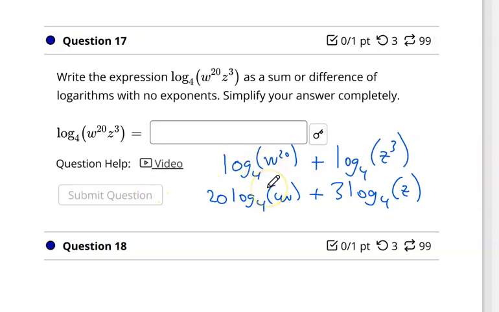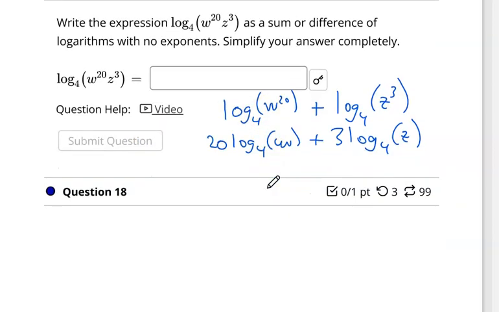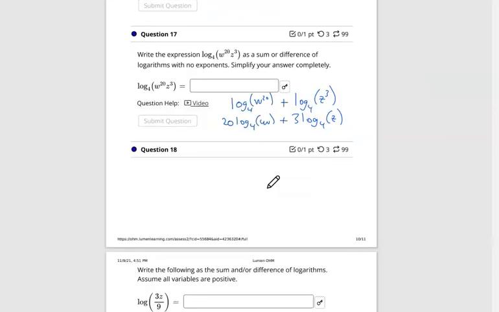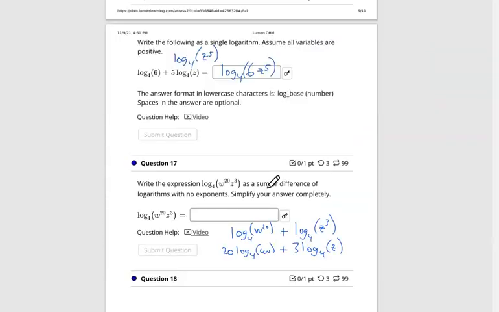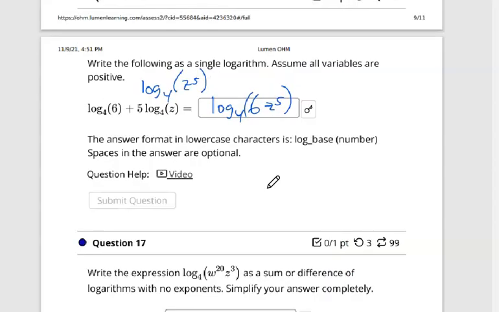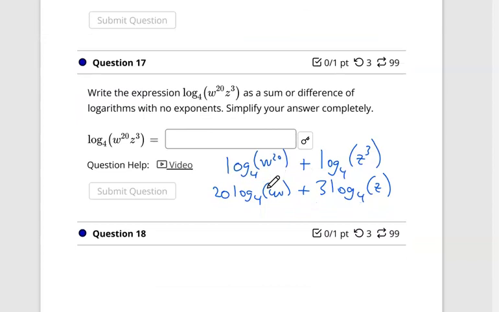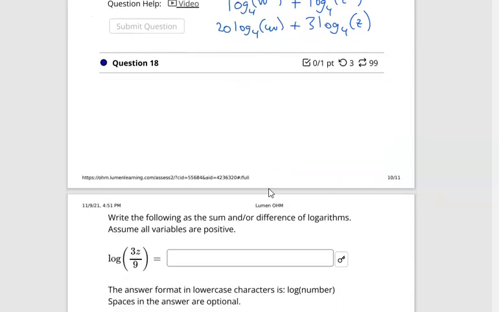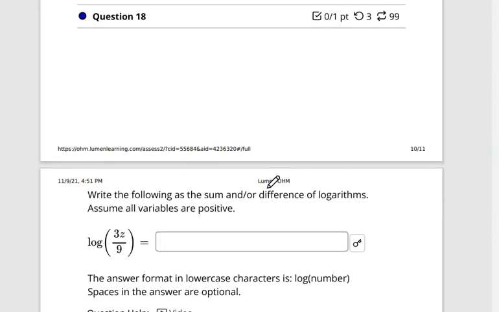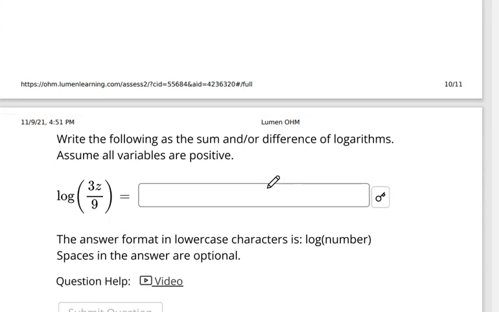And one more that does a little division rule in exponents. Remember division, I'm subtracting. There are no exponents to worry about, but we do the division rule first. That becomes log 3z minus log of 9.